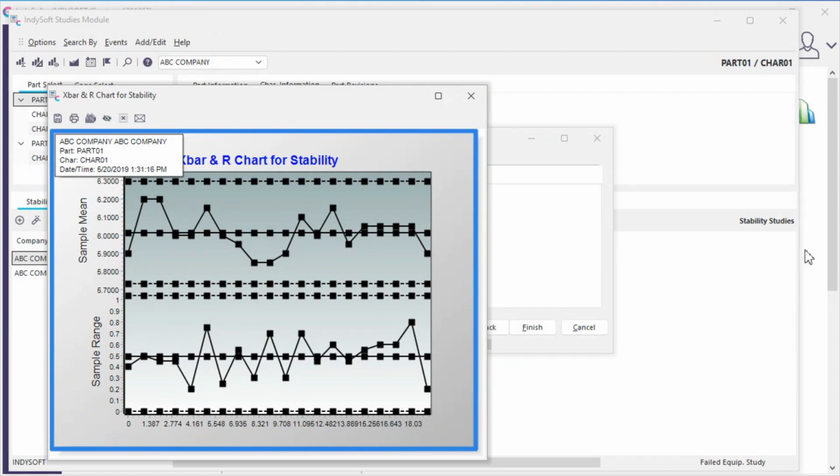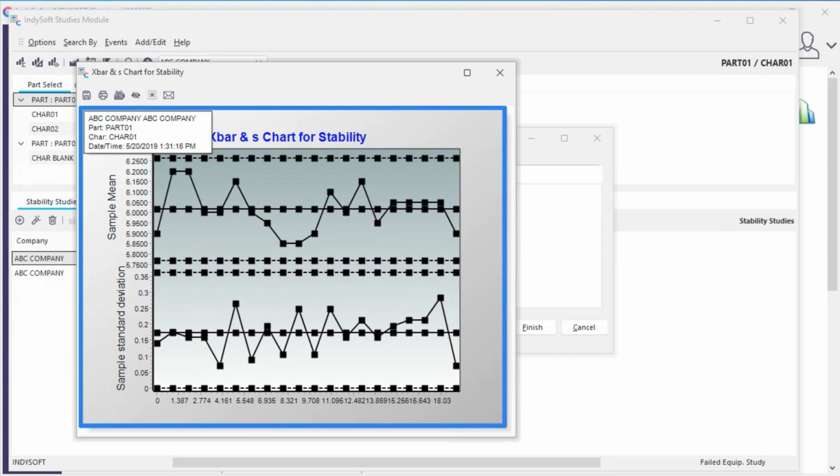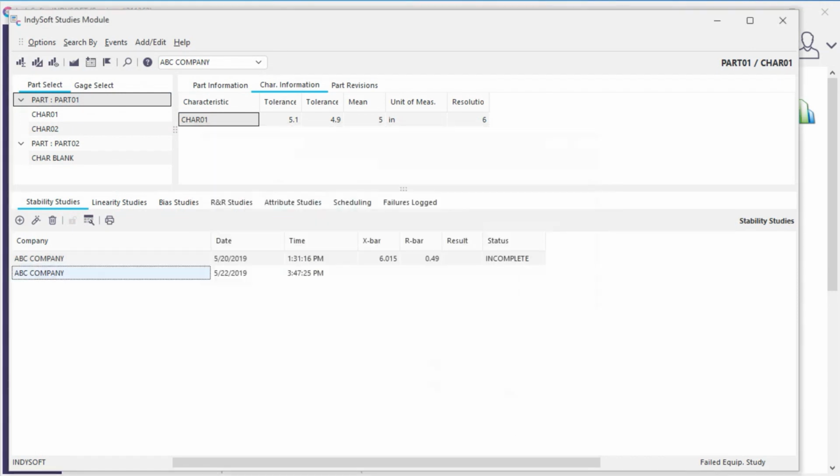Here we've got an X bar and R chart with a timestamp for when that study was performed, and an X bar S chart. I'm not going to go over all of the charts and reports, but the key thing with the stability study is making sure that as time progresses, you don't lose reliability in your measurement systems, that it performs the same.